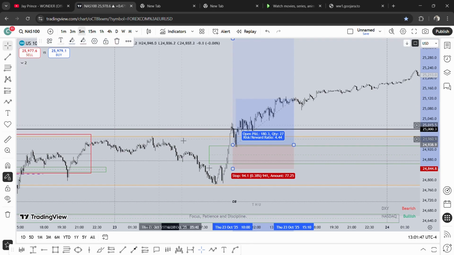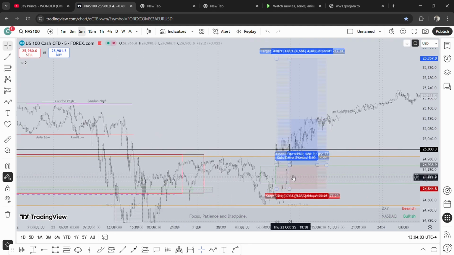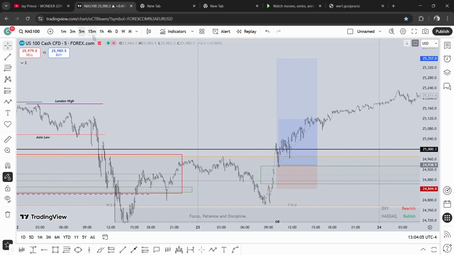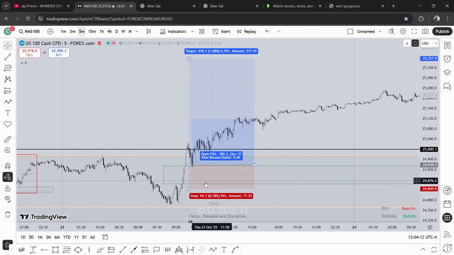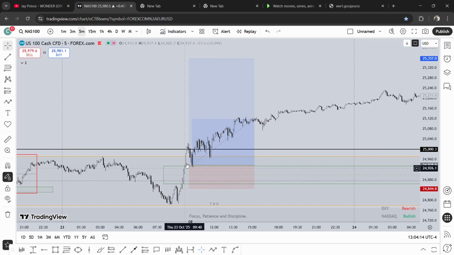My targets on buy side liquidity, entry on the 15 minutes fair value gap over here, stop loss just below this second fair value gap. There's one, then there's two, and then my stop loss over here.